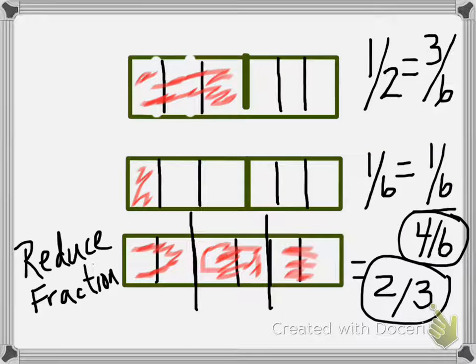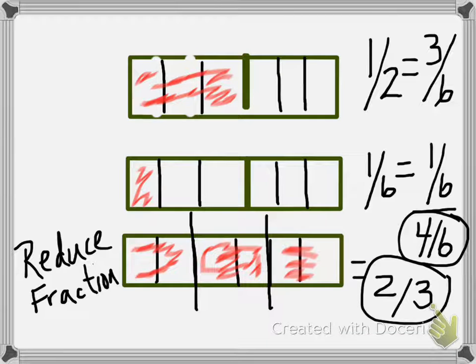I will then shade in 1/2 of each bar to make 1/2 equal 3/6, and shade in 1 out of the 6.